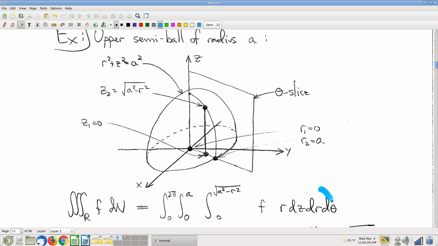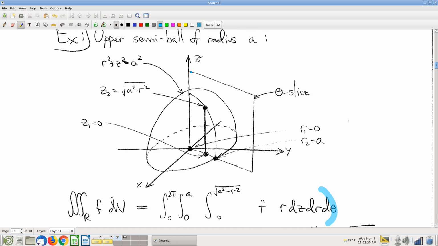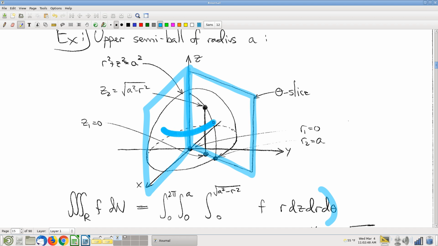With the decision made that we're going to do theta slicing first, we've already talked about what theta slices look like. Theta slices look like this. Now, the geometry in these questions is unavoidable. You just got to think geometrically, think about what your solid looks like, and visualize the geometry of it. So this ball, I'm going to get theta slices for every value of theta as I go around.